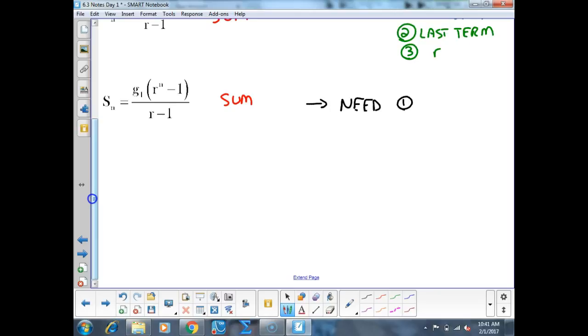What do I need to use that one? I need my first term. I need the common ratio R. And then I need N.